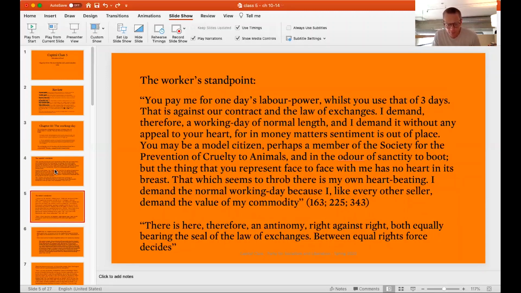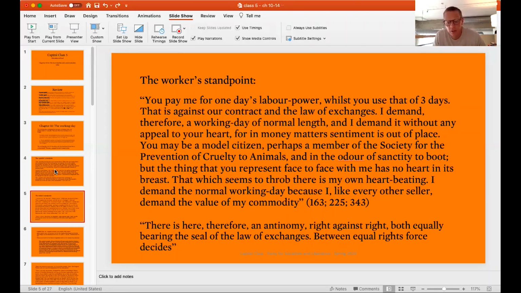So labor power, as we know, is a unique commodity because not only does it produce value, but it's embodied in actual people, which Marx calls living labor. And so the way that labor power is consumed is something that not only impacts the worker, but the worker, according really to the laws of exchange, also should have a right to say how long they sell it for, right?